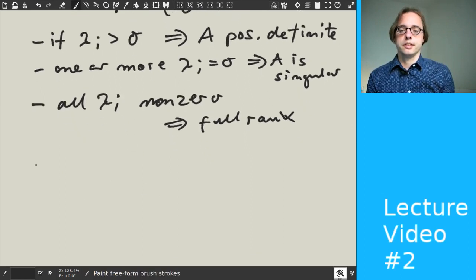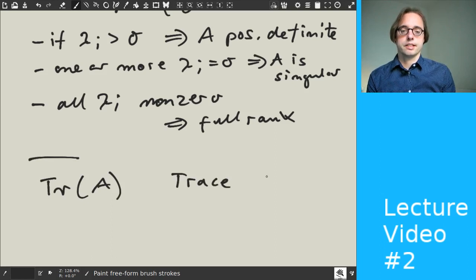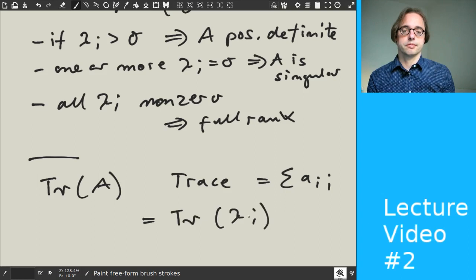So we know that the trace of a matrix is defined as the sum over the diagonal elements. And it turns out that it's also the sum of the eigenvalues. So this is something that's quite useful.